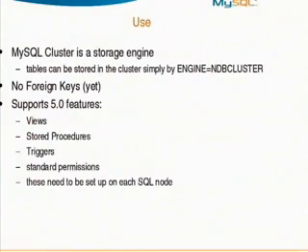So you actually want to use the cluster after this bit of architecture introduction. It's a storage engine. We don't support foreign keys yet. That's planned for the future as well. And we support the 5.0 features. You can do views on clustered tables, stored procedures that access clustered tables, triggers that act on clustered tables, and use your standard permissions interface. I should say these have to be set up on each SQL server node.